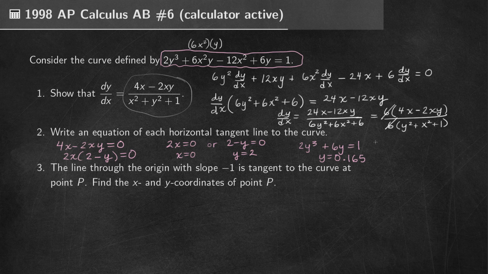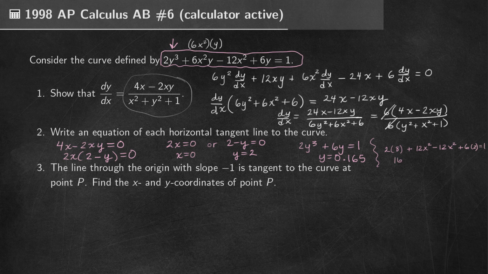If y is 2, I'm substituting that in for y into this original equation. I get 2 times 2 cubed is 8, so 2 times 8, plus, then I have y is 2, so I have 12x squared minus 12x squared plus 6 times y, and y is 2, equals 1.